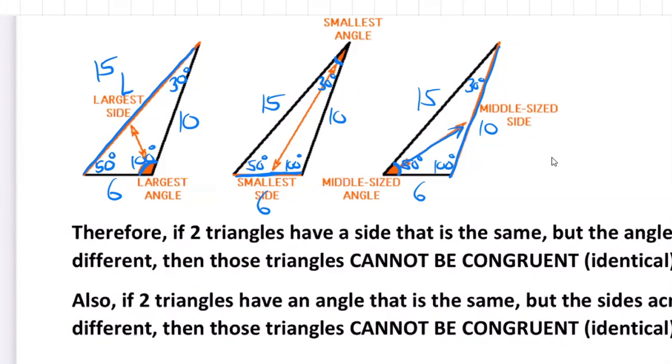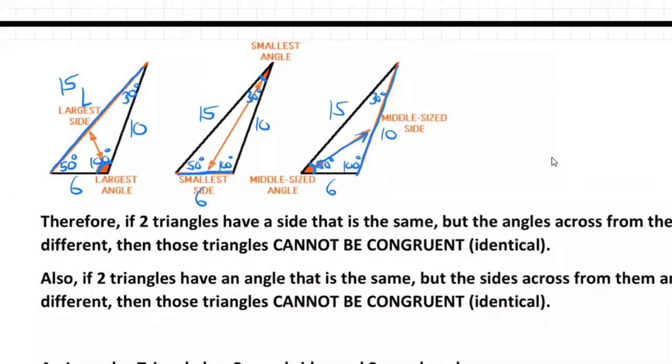And that makes sense, doesn't it? Let me just give you a feel. If I have an angle, the more I open up this angle, what gets bigger is the side across from it. The opening of an angle, the bigger it gets, the larger the side across from it gets.